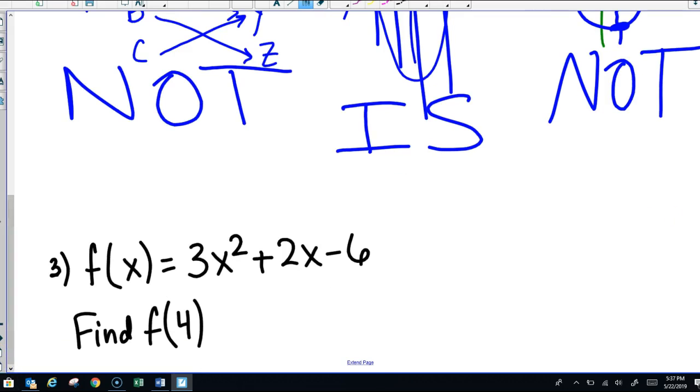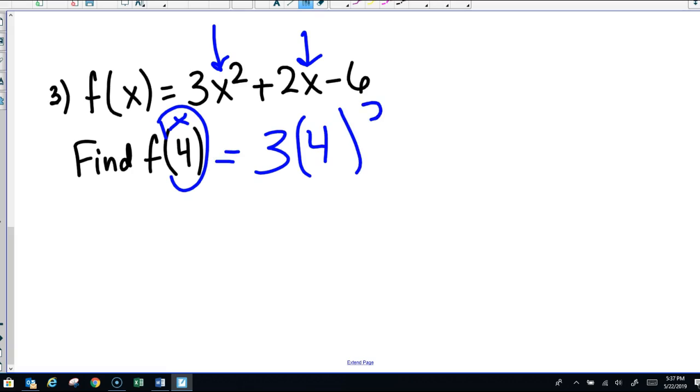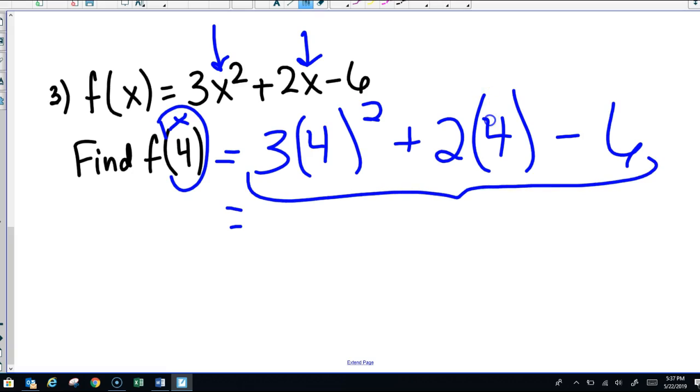Okay, function notation, something like this: f of x equals 3x squared plus 2x minus 6. Find f of 4. So remember, this is telling you your x number right there, the x that it wants plugged in, the number or expression. So we would just rewrite it and plug in that x number. Then we would do the arithmetic in this case.